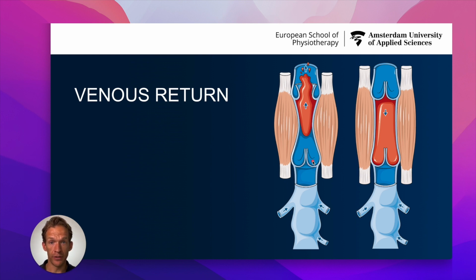If you have a contraction of your quadriceps or gastrocnemius, it will push up the blood in the veins, and that will help venous return. This is one of the practical implications where the muscle pump can be beneficial, and why you could advise someone to do a cool down in order to keep the muscle pump working, to stimulate venous return and then also increase stroke volume as a consequence.